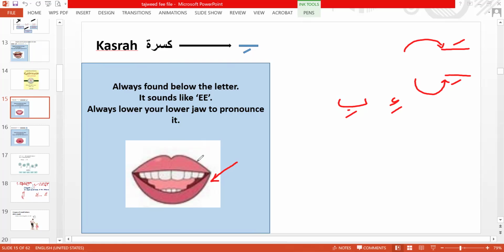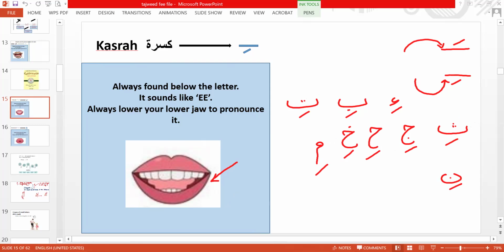Ba kasra bi, Ta kasra ti, Jim kasra ji, Ha kasra hi, Kha kasra khi, Mim kasra mi, Nun kasra ni, Sin kasra si, Sad kasra si, Ghain kasra ghi.